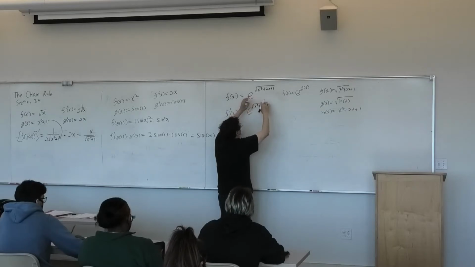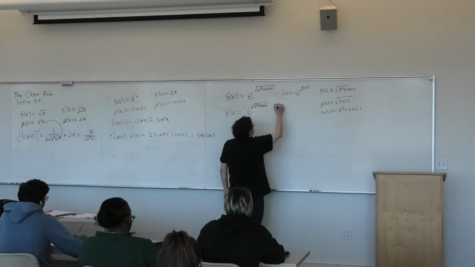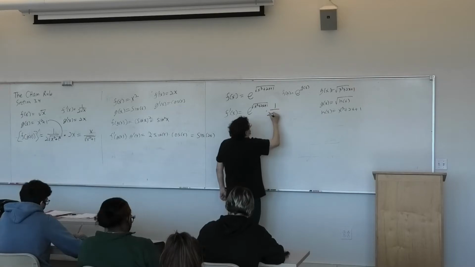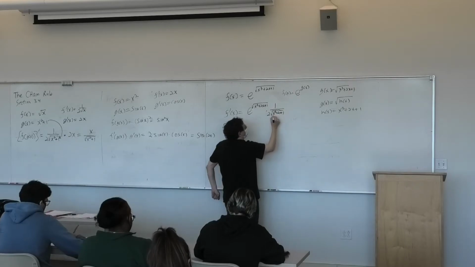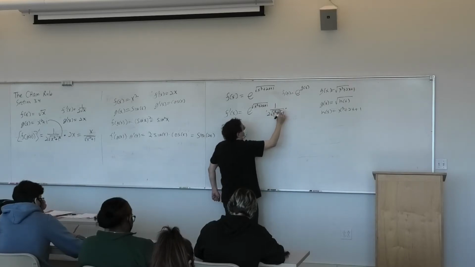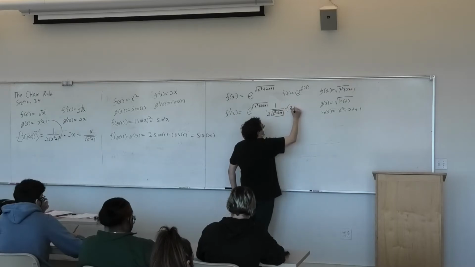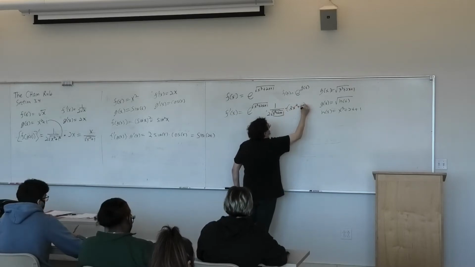This is the square root of something. Well, that's 1 over 2 times square root of x cubed plus 2x plus 1. But the chain rule requires I multiply again by the derivative here, which is easy, 3x squared plus 2.